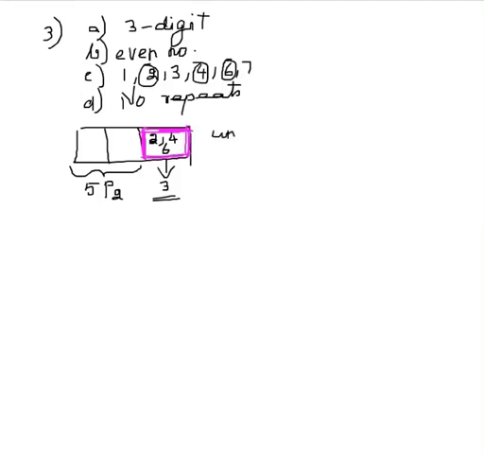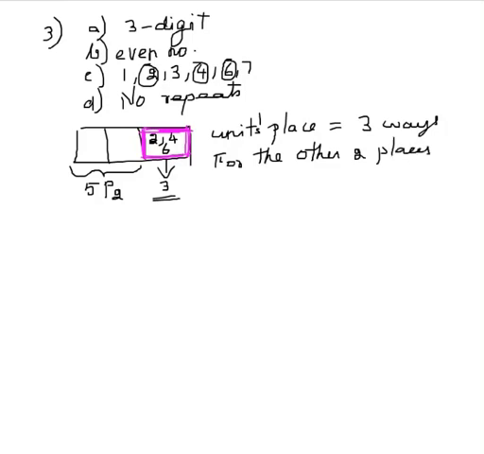So for units place, we have 3 choices. For the other 2 places, 5P2 ways.